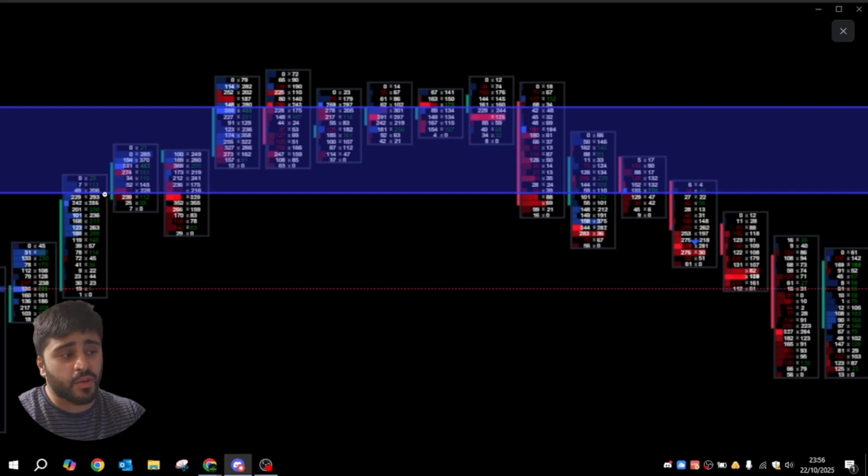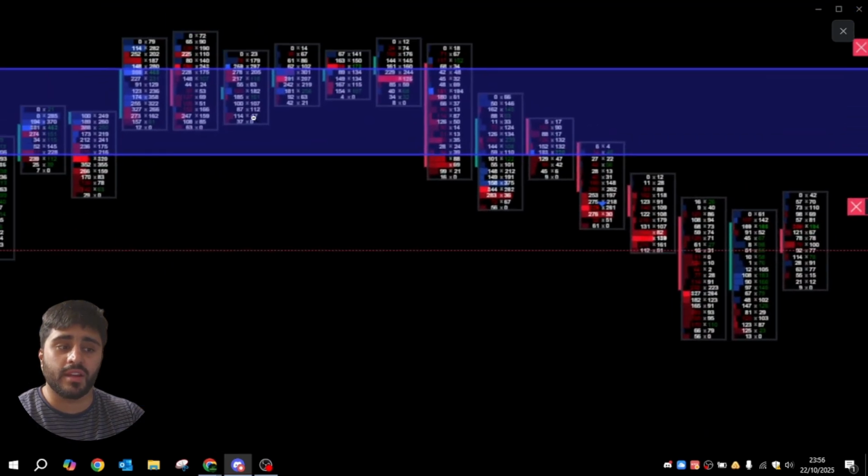We had about 8 of them: 1, 2, 3, 4, 5, 6, 7, 8 finished auctions, which means buyers were aggressive at the top of the candle, and we kept breaking lower here, retest here and here, and that was my entry.